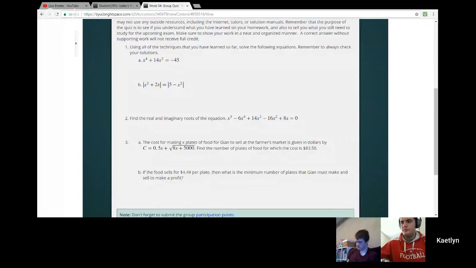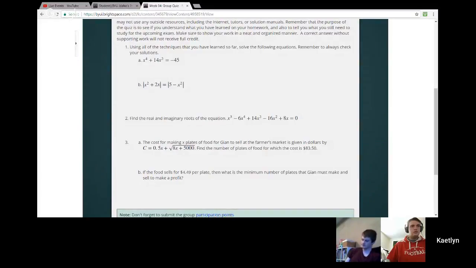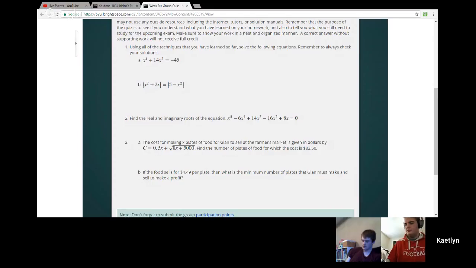Okay. Number 2. Find all the imaginary roots of the equation. So we have x to the 5th, subtract 6x to the fourth, plus I think 4. We should take an x out of that right off the bat. Yeah, definitely.